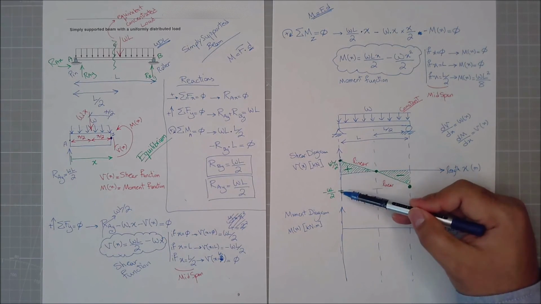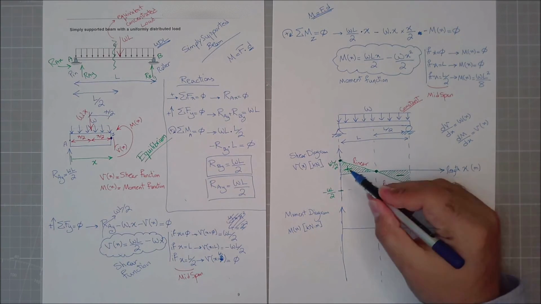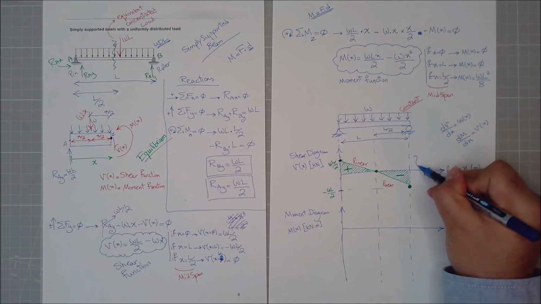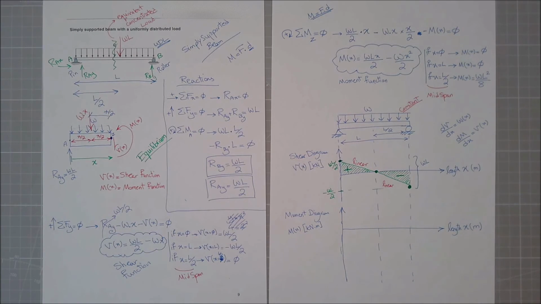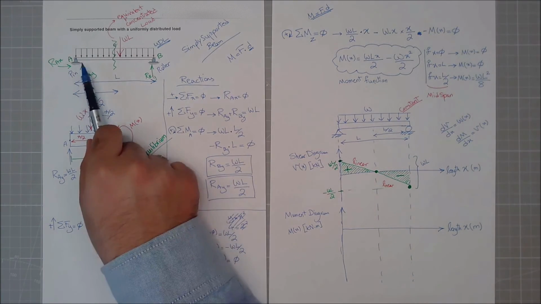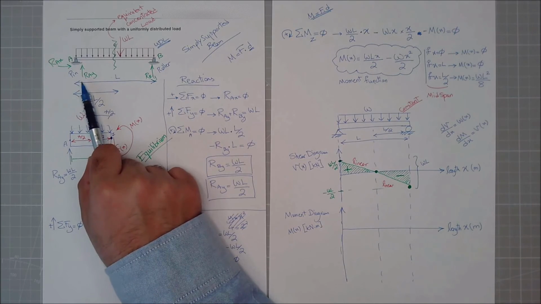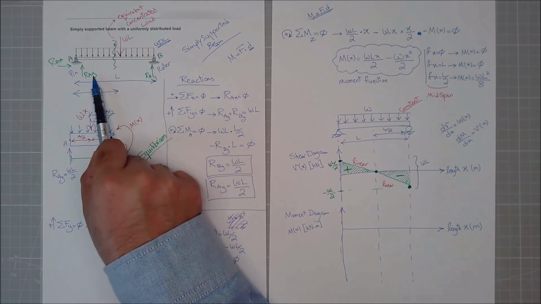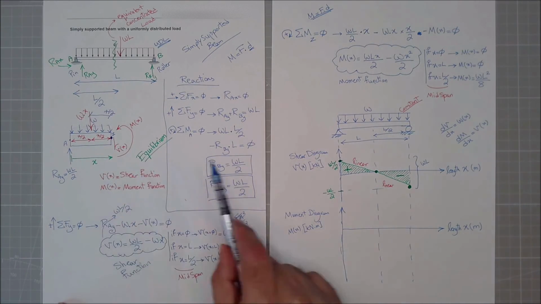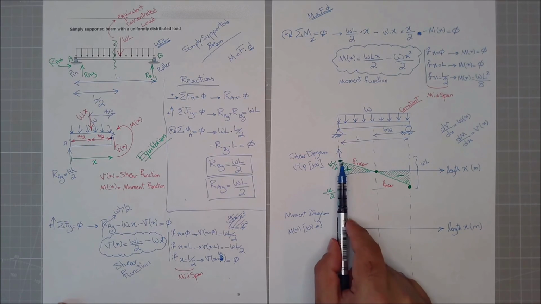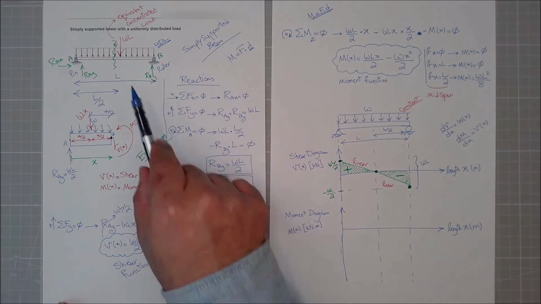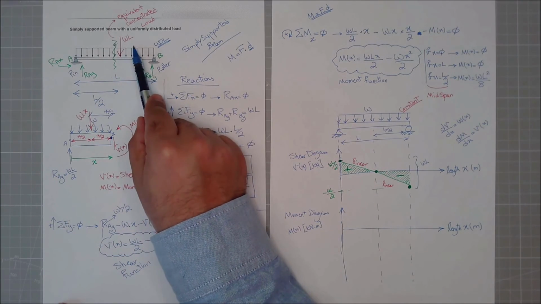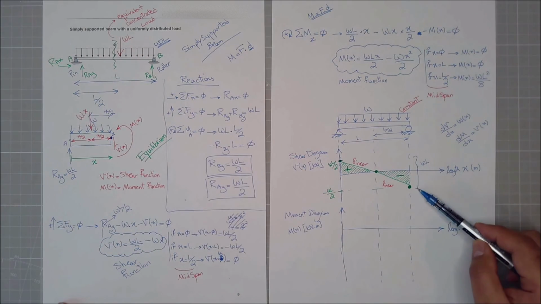Now, looking at this, from here to here, it's about WL. If I look at this, I went up equal to R_A, which was WL divided by 2. Then I followed and I suddenly came down all the way equal to that massive sword, WL.